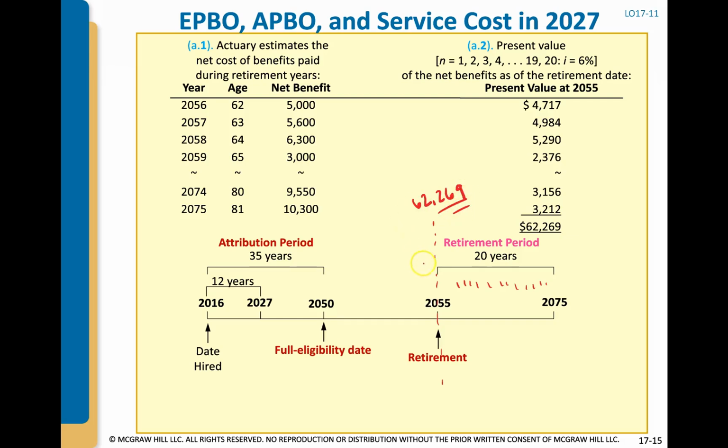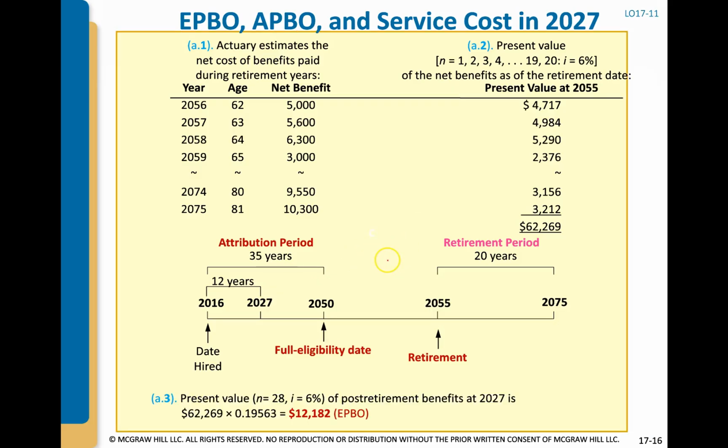Okay, we're not done. Now we're trying to figure out the EPBO and the APBO for the end of 2027. So I have to take the $62,000 and present value it back to 2027, which is 28 years back.